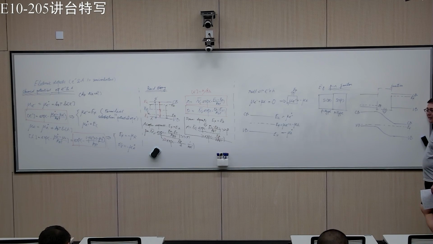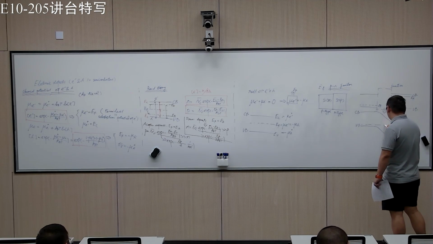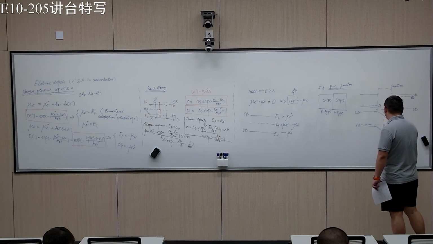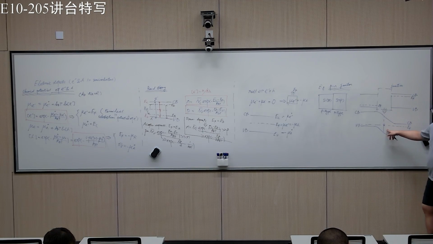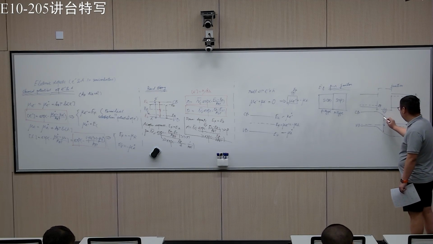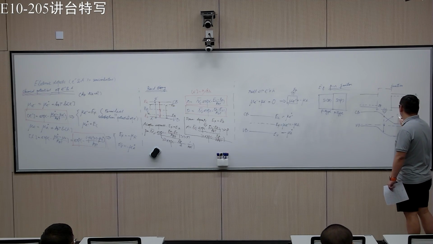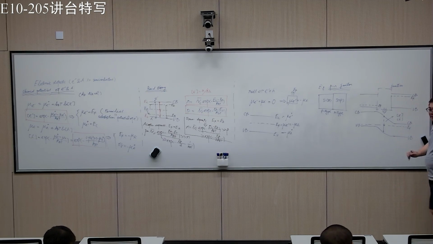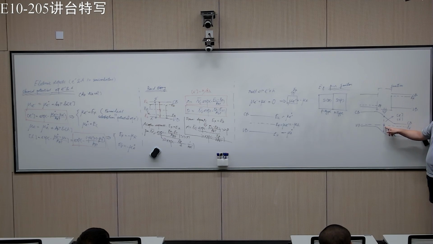So let's just think about this point, which is inside the junction. In this case, the number of holes and number of electrons are both pretty low, because at this point the valence band is here, the conduction band is here.